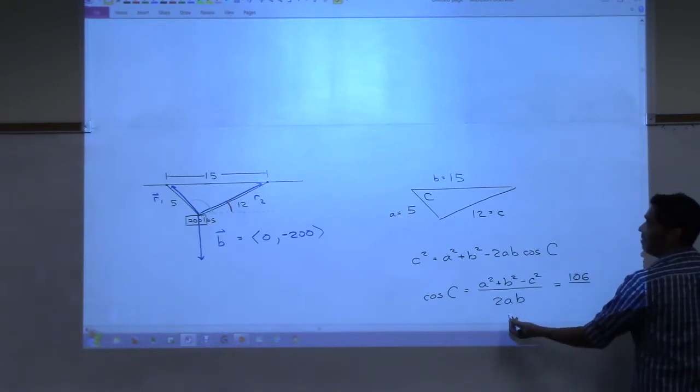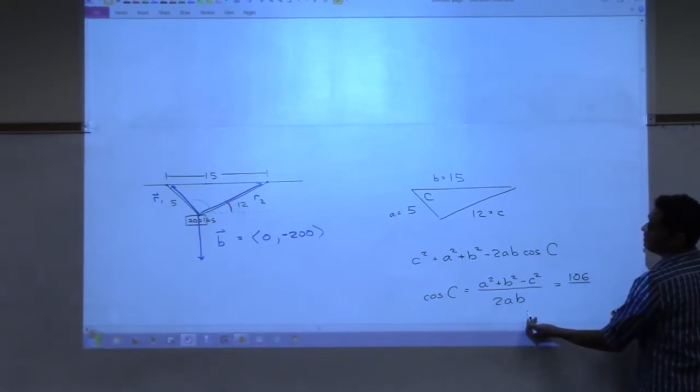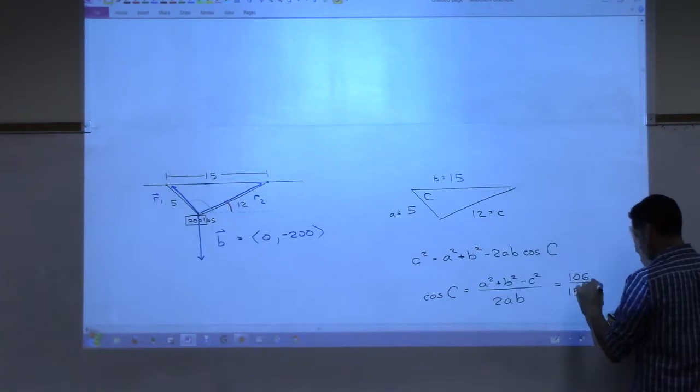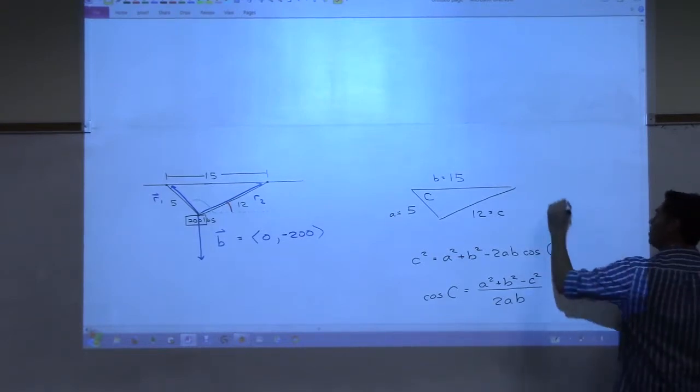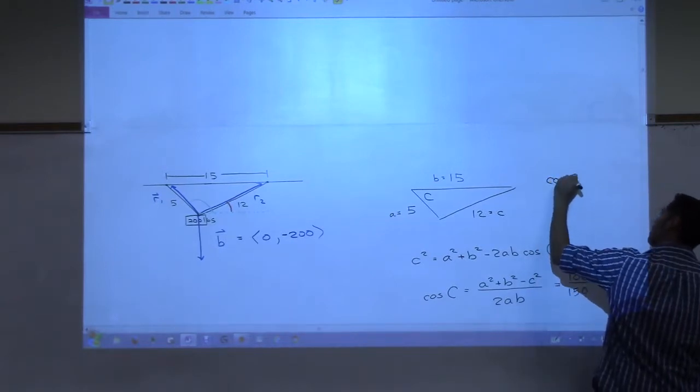Divided by 2 times a times b, 75, so 150. Okay, so divide here. 0.70666666.